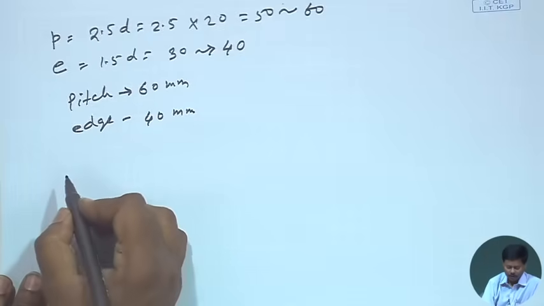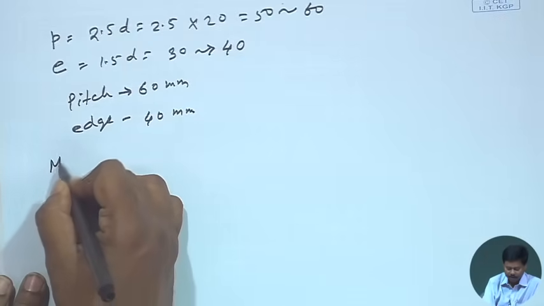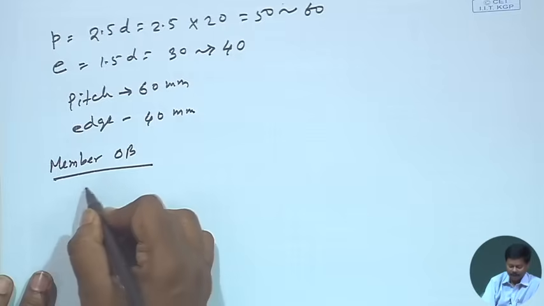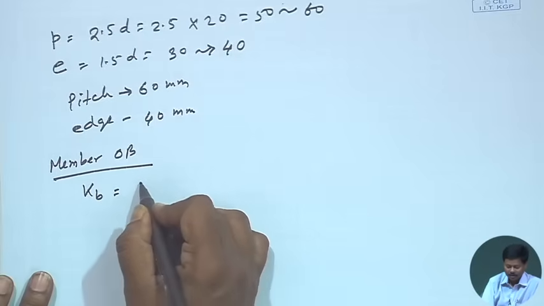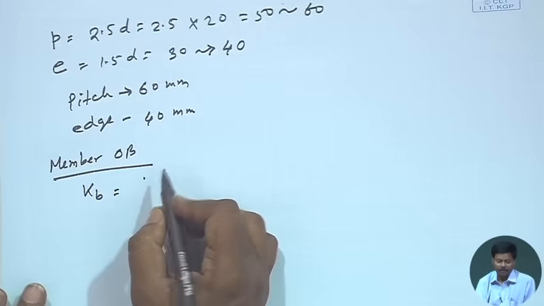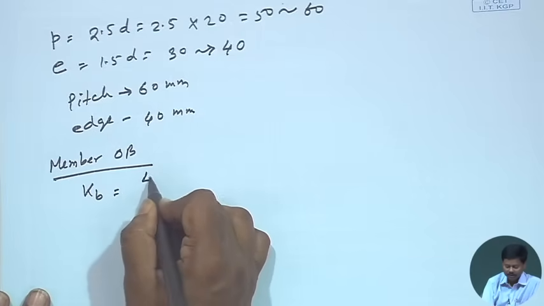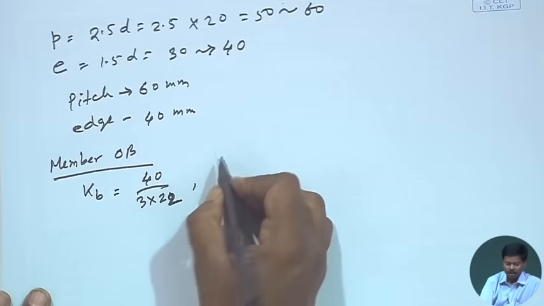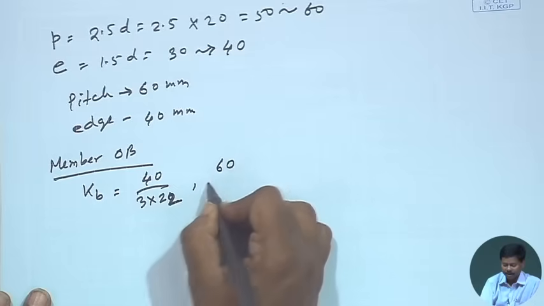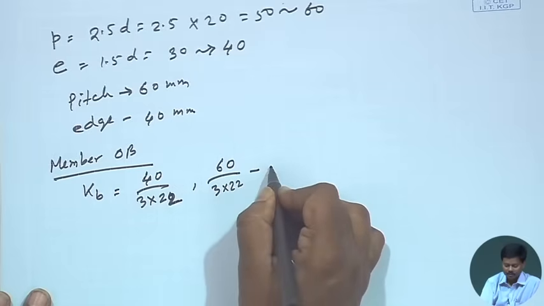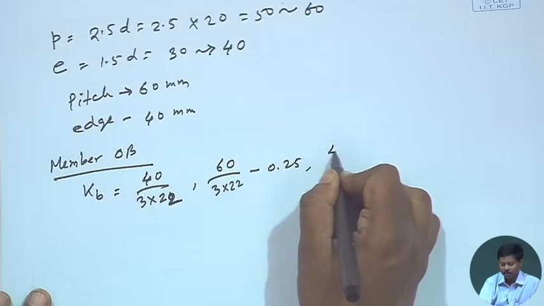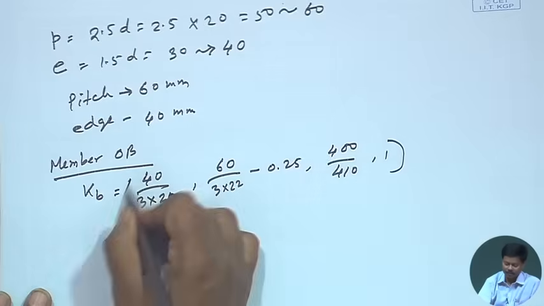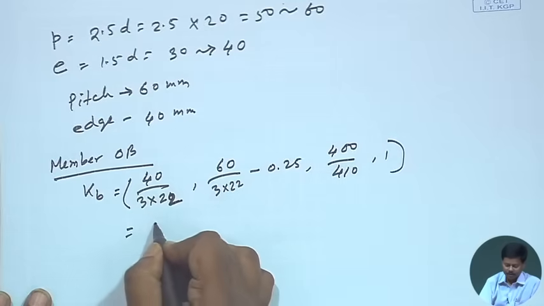Now, if we go for design of member OB, I have to find out the KB value. Now, KB value will be the minimum of E by 3 D0, here 40 by 3 into 22, then P by 3 D0 minus 0.25, that is 60 by 3 into 22 minus 0.25, then FUB by FU, and 1, the least of these four, and that will become 0.606.